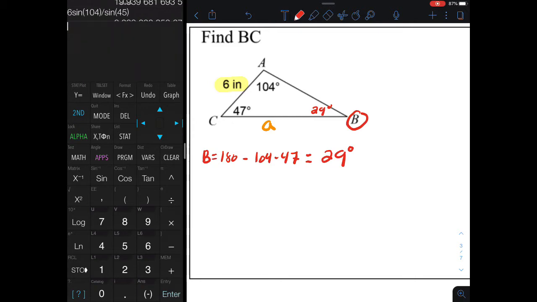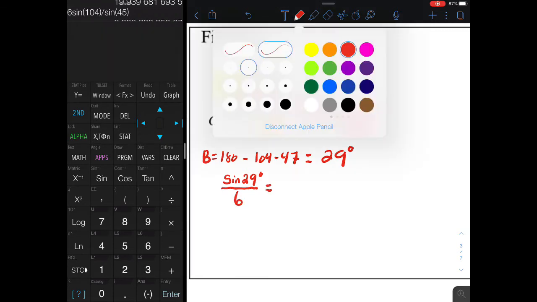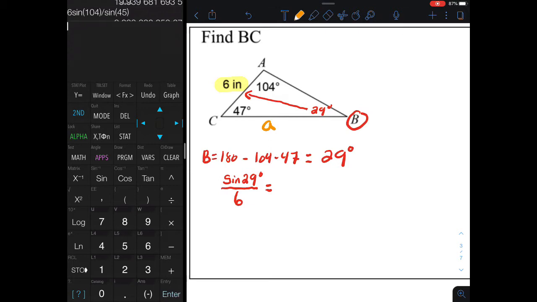So now that I know that angle B is 29, I can set up law of sines because I have the measure of a known angle and the measure of its opposite side. So sine of 29 degrees divided by its opposite side of 6. That's got to equal, my goal is to find A. Well, A is across from the 104 degree angle, so I'll say sine of 104 degrees divided by A. All right, and then I wish to solve from here.